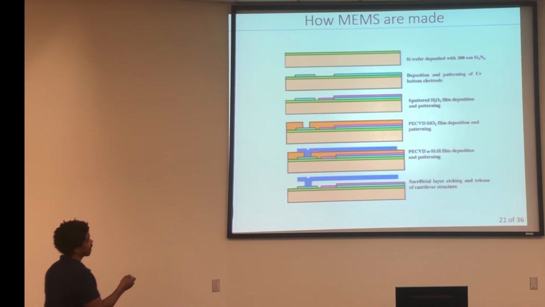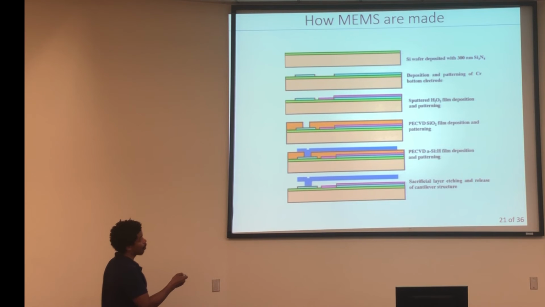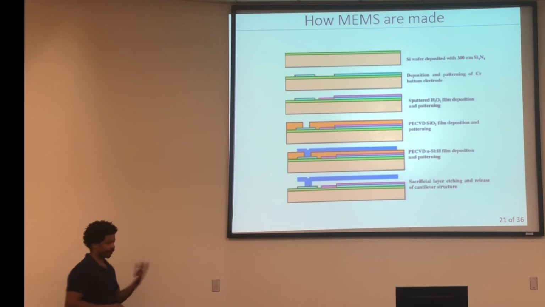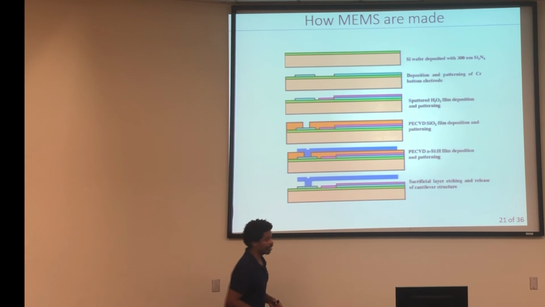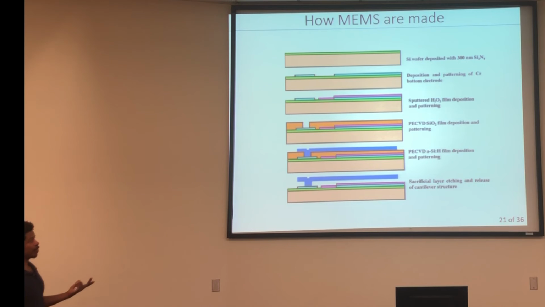So there's a cross section of a cantilever right here. Then you put it into a chemical that washes only that orange material away, and now you have a freestanding cantilever. Okay, so that's a really quick overview of how things are processed in the lab. We actually have a course here at Auburn that goes over all this in great detail.